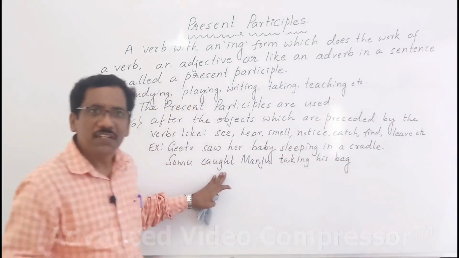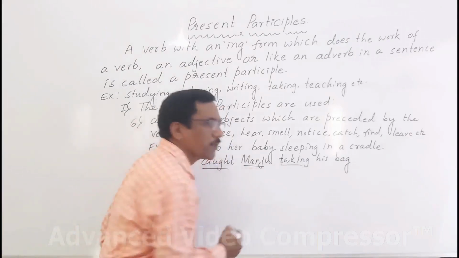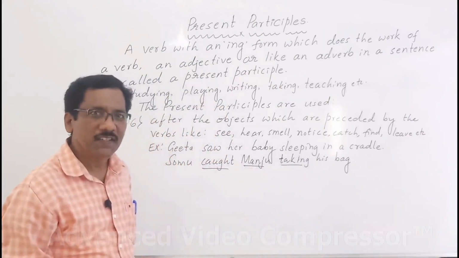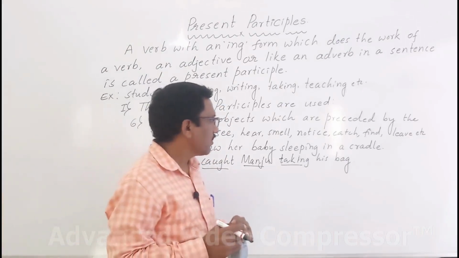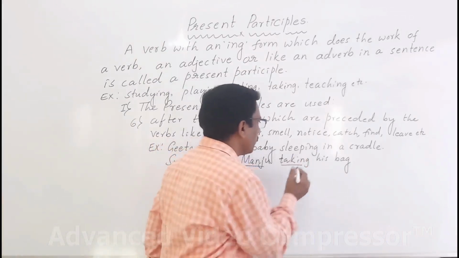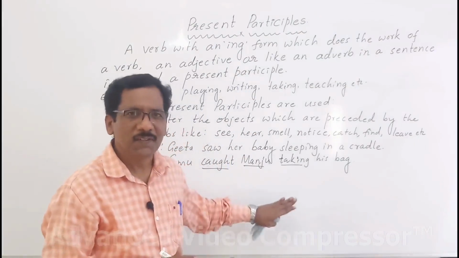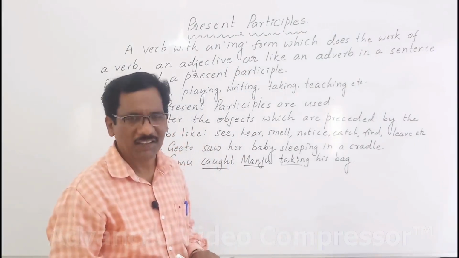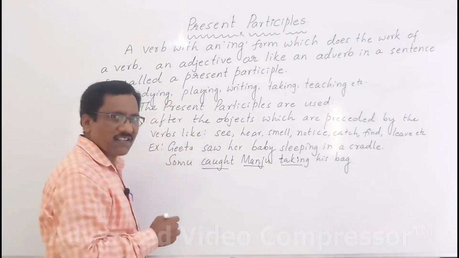See, caught indicates caught plus object plus present participle. It gives an unpleasant feeling. Somu caught Manju taking his bag. Somu caught Manju what? Taking his bag. It gives somewhat unpleasant feeling. Is it clear?